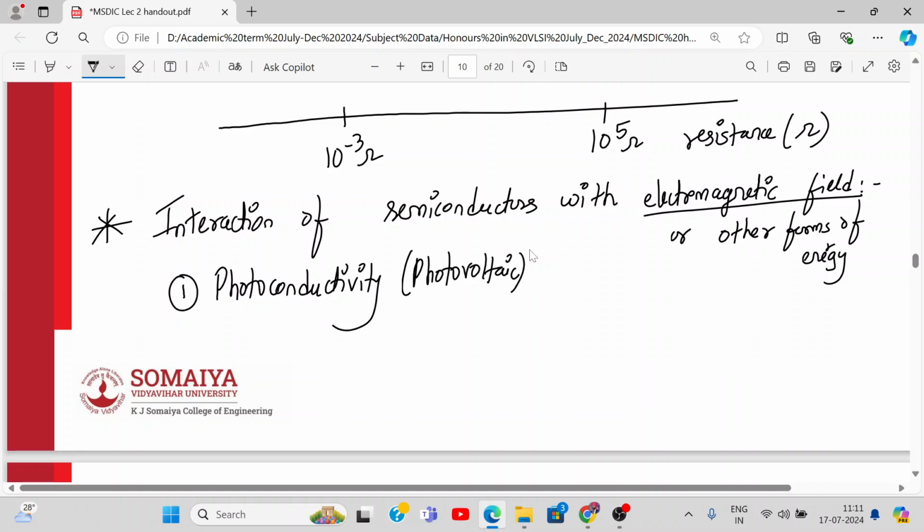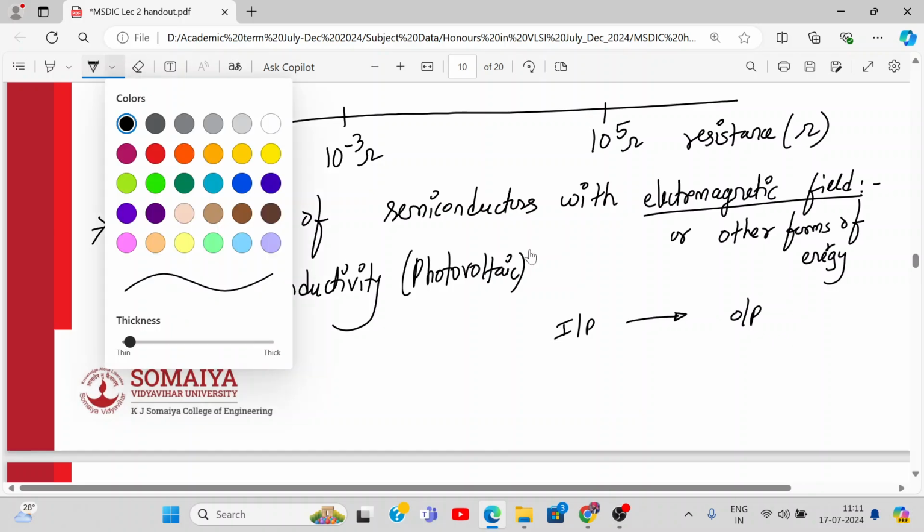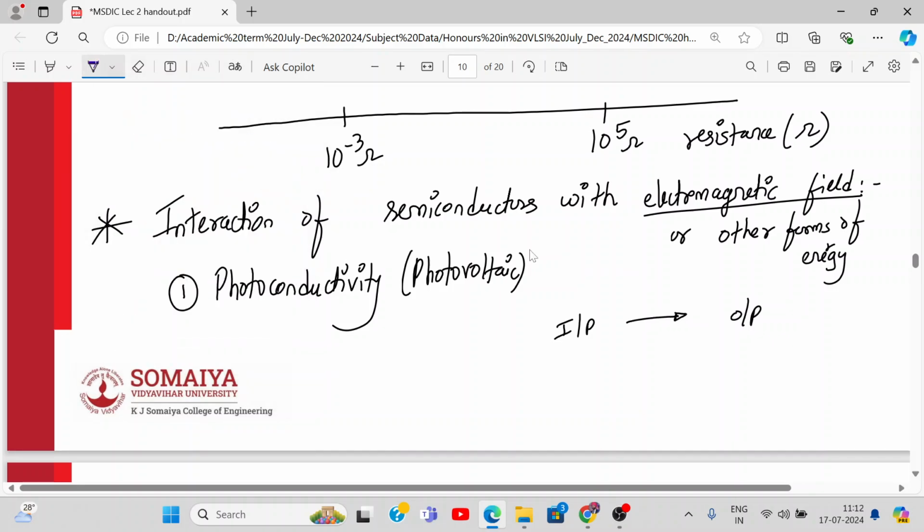Can you tell me what the input and output are in the case of photoconductivity? Input is light energy and the output is electrical energy.